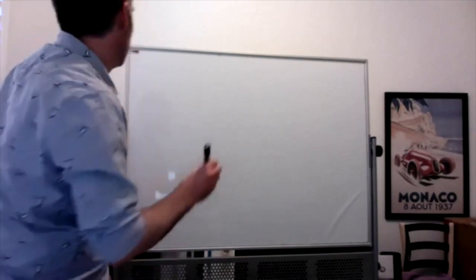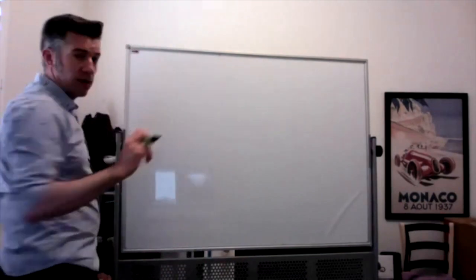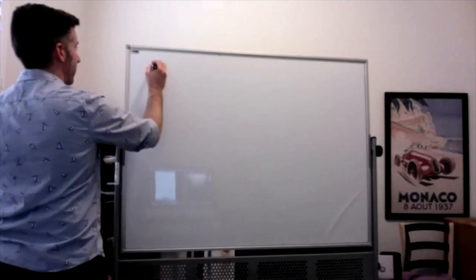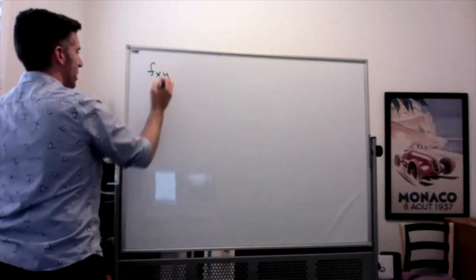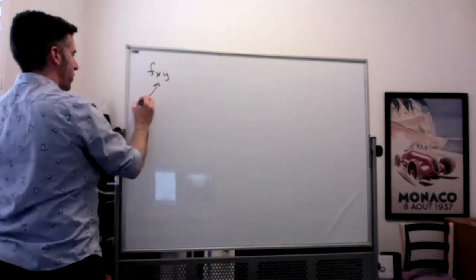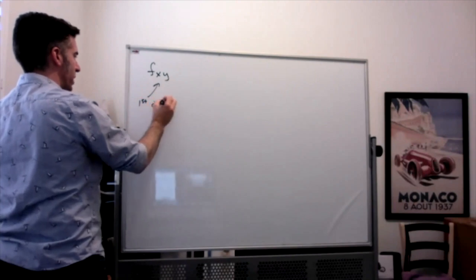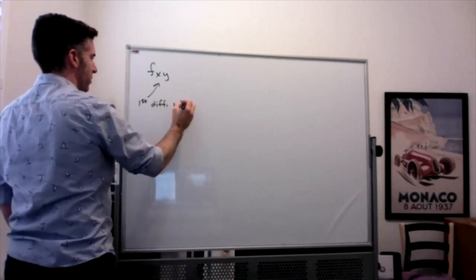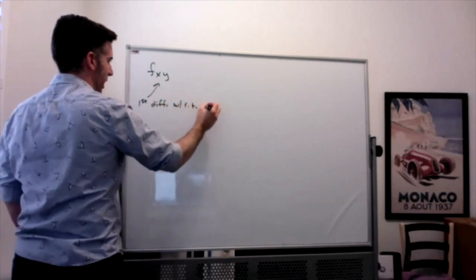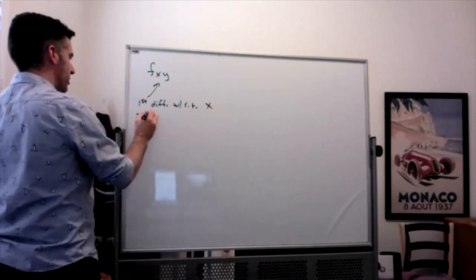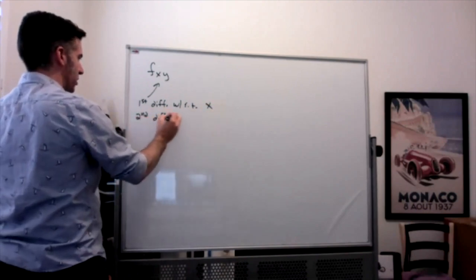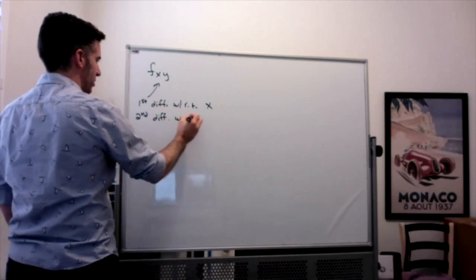Sure, yeah, definitely, Max. So it's really about notation, right? If you write it this way, it means you first differentiate with respect to x, second differentiate with respect to y.